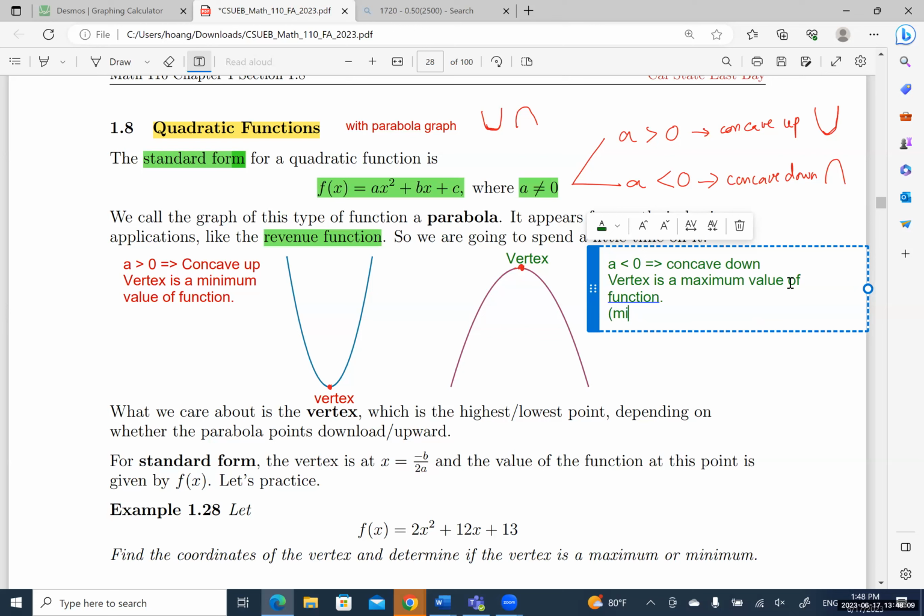And mostly you see your graph, your parabola in business as concave down.